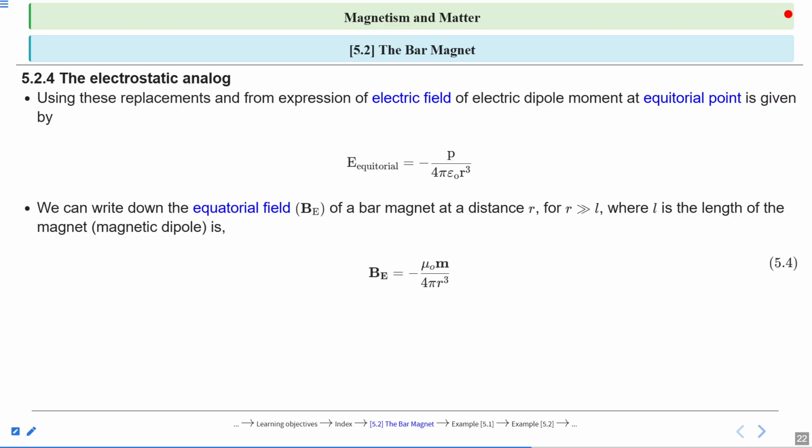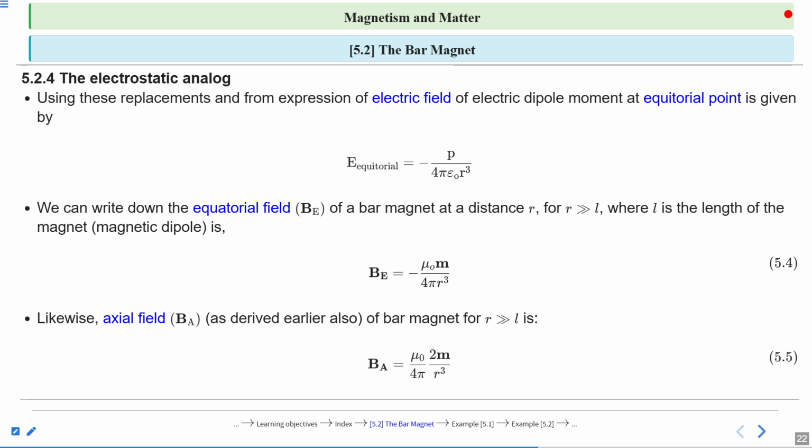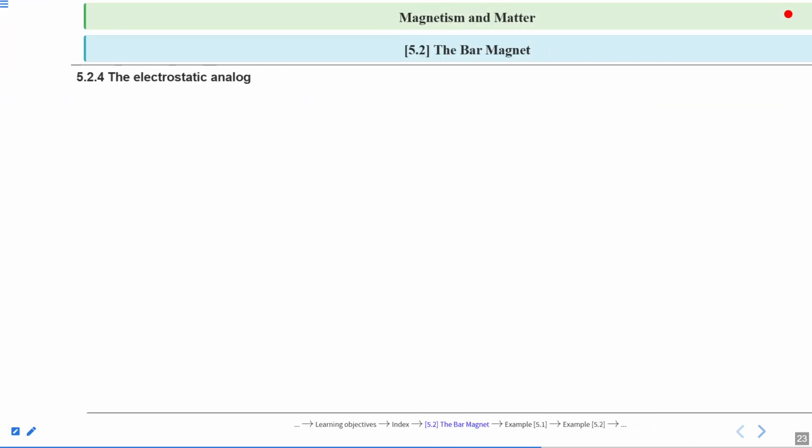So BE will be equal to, by making suitable replacement, minus mu naught M upon 4 pi r cube. Mark it as equation 5.4. And likewise the axial field BA, as derived earlier, of a bar magnet for r much greater than L will be BA equal to mu naught 2M upon 4 pi r cube, which is equation 5.5.